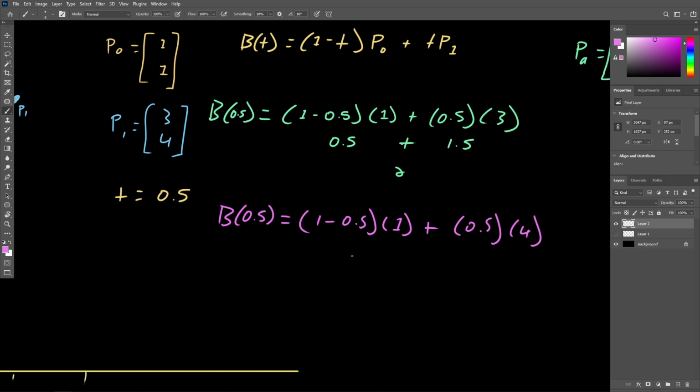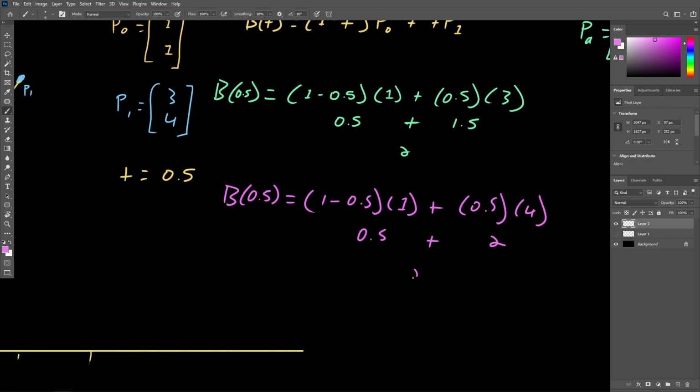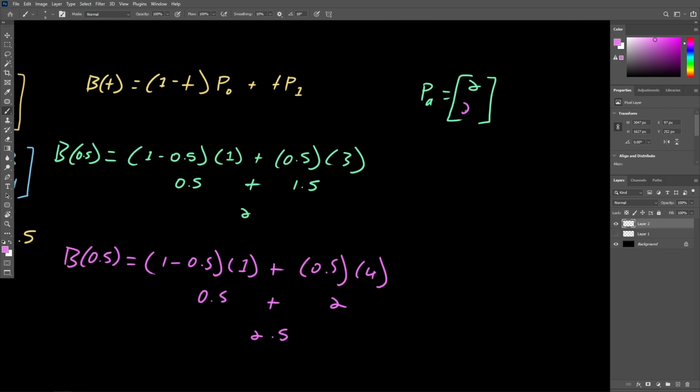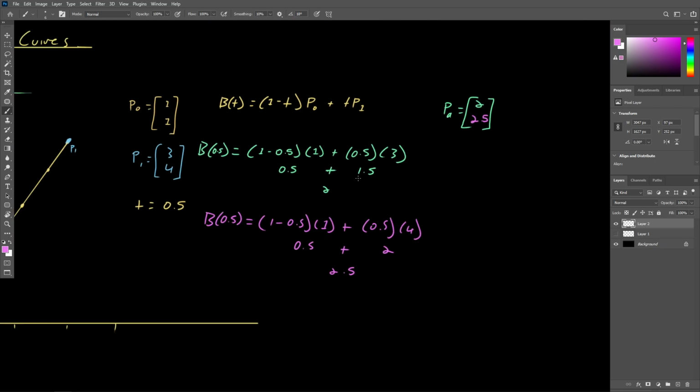Again, quickly solving this, we have 0.5 plus 0.5 times 4, which is 2, and so adding these together gives us 2.5 for the y component.